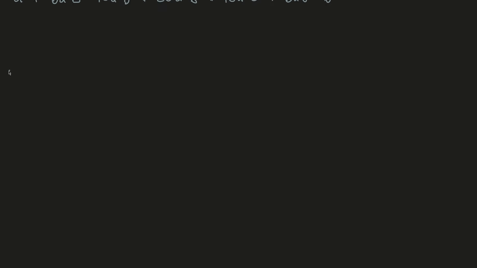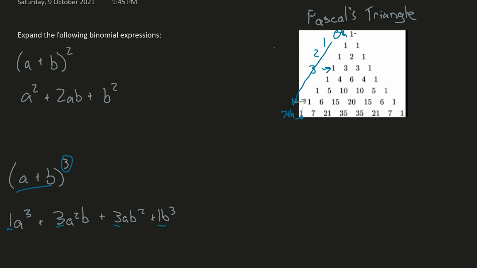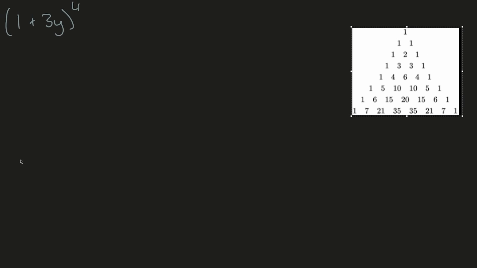Say we have (1 + 3y) to the 4, right? Let me copy this down here so we can see it again. We can see that it's going to be the power of 4, so 0, 1, 2, 3, 4, this row. So it's going to be 1, 4, 6, 4, 1, and there's going to be a plus because it's plus here.